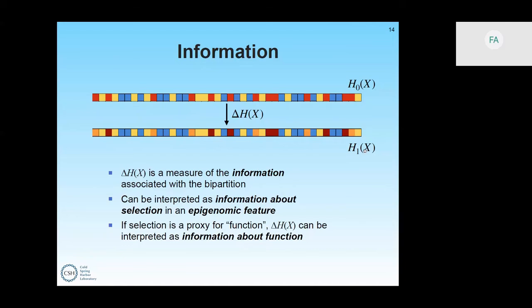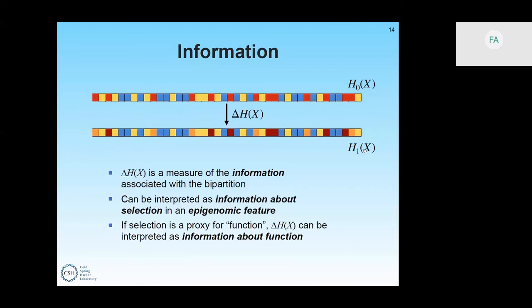We have a measure of entropy in terms of natural selection. We're finding ways of using annotations or epigenomic data sets to reduce entropy, and the reduction in entropy that comes from the use of a particular feature is a measure of how informative that feature is. So this gives us an interesting way of thinking about the question, how much do we learn about the genome by using a particular epigenomic data set?